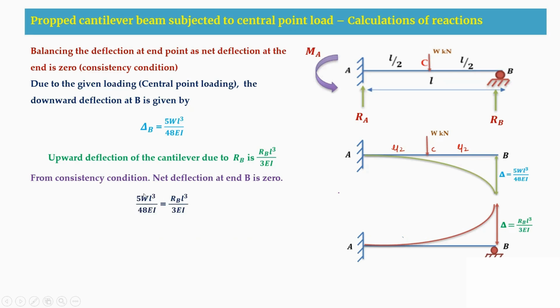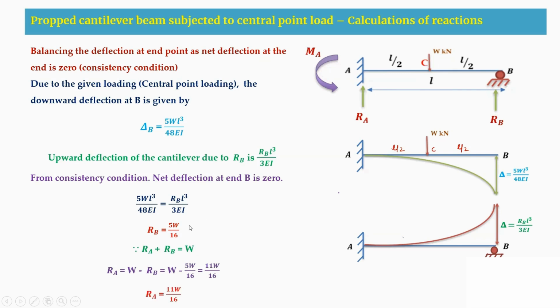Therefore, 5WL cube by 48EI equals RB into L cube by 3EI. Now we get the RB value as 5W by 16. With the other equation, sigma Fy equal to 0, that is RA plus RB is W, we get the RA value as 11W by 16.